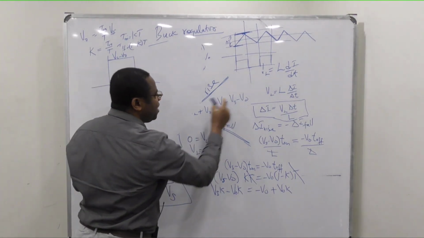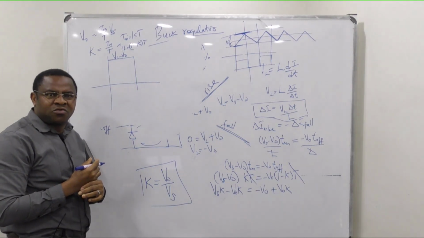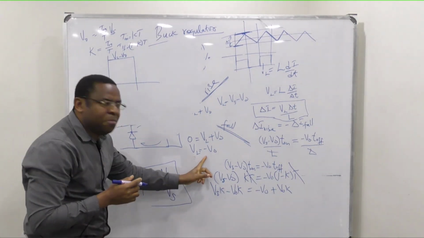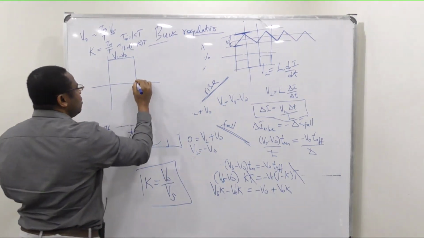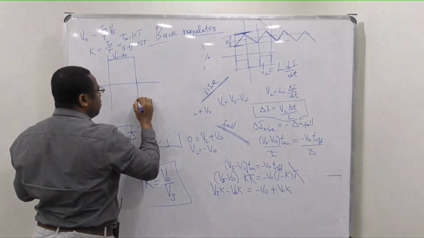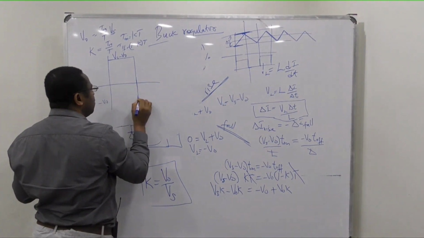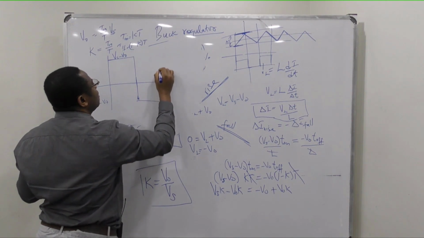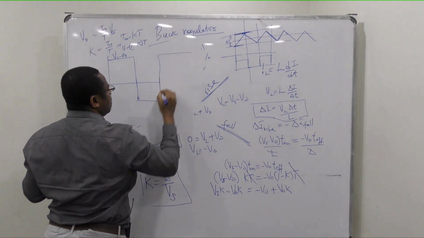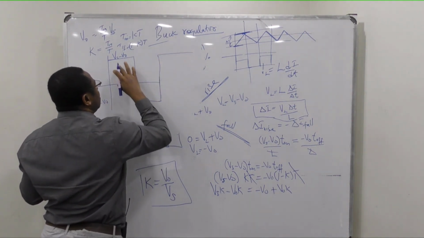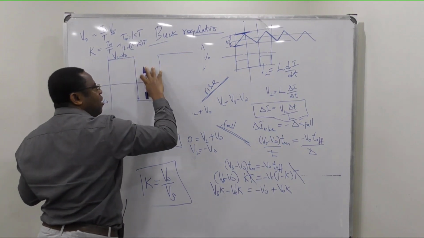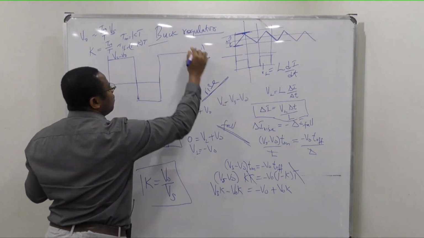But when the switch is off, the voltage will be minus Vo, right? When the switch is off, minus Vo, like that. Time is on, time is off, time is on, time is off, just like that.